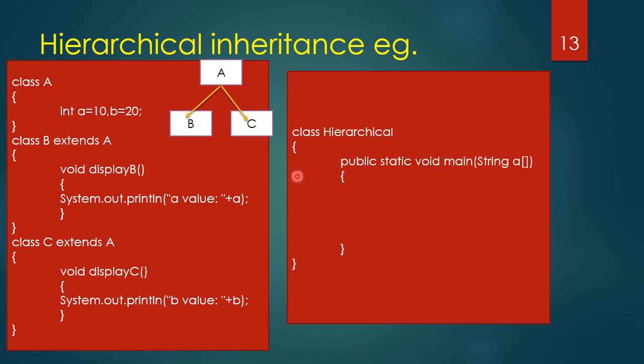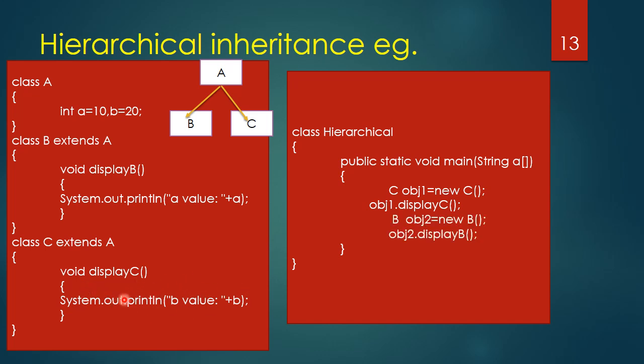So this is the main method. First, we can create an object of any class. Here I have created an object of the C class, obj1 is the object name. Using that object, obj1.display C, I am calling it. Then we get this output, the B value displayed first.